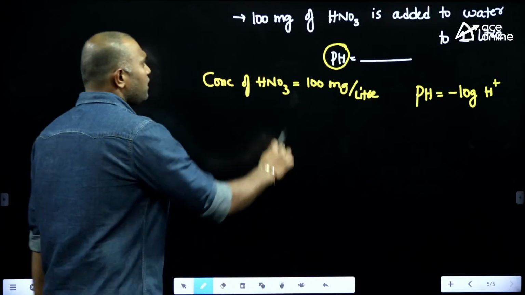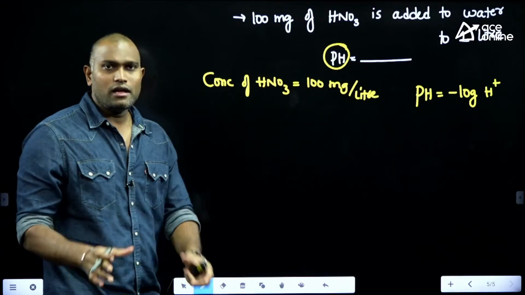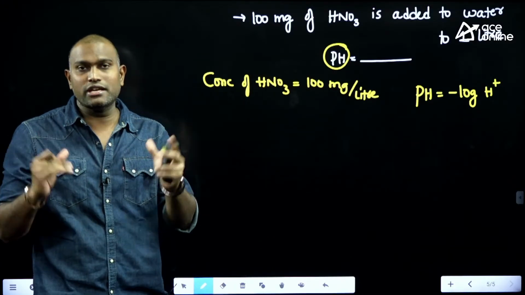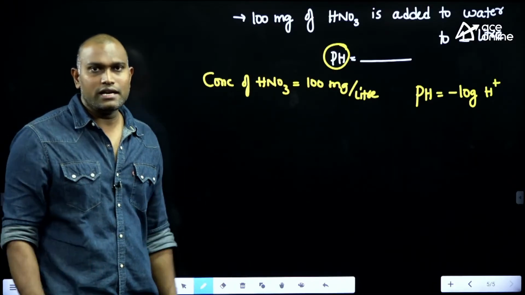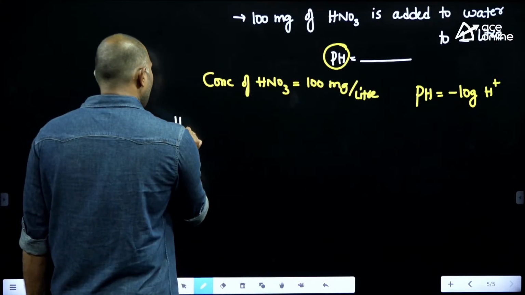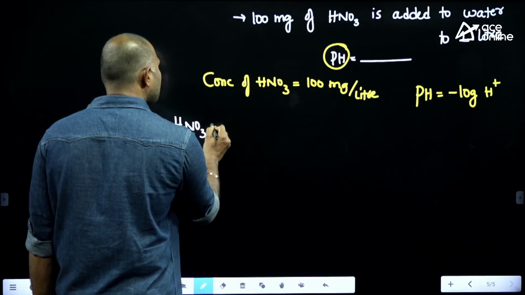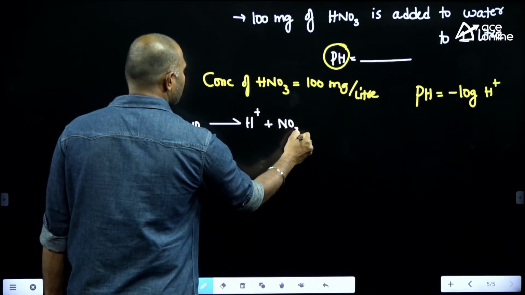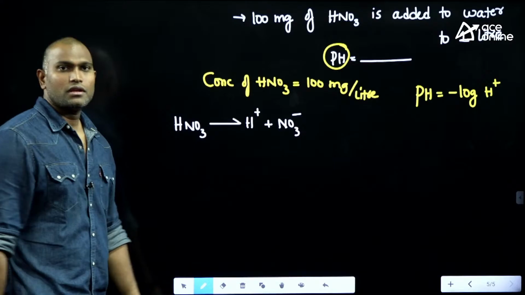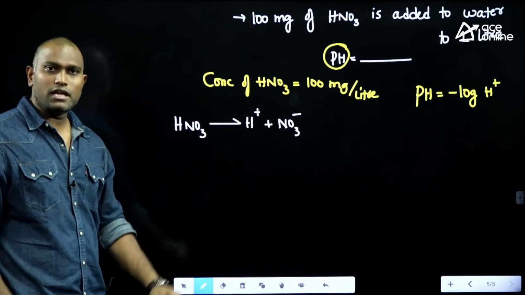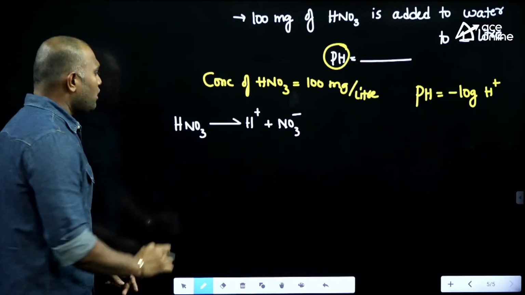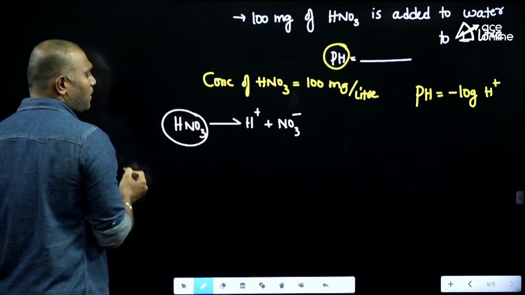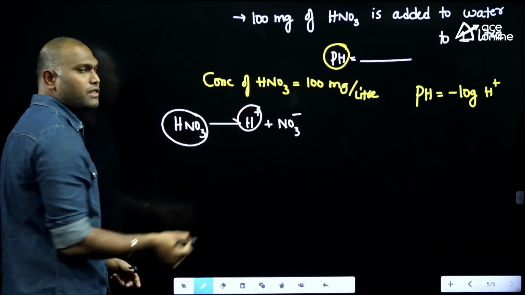When you add HNO3 to the water, the HNO3 will dissociate. So HNO3 will dissociate to H plus plus NO3 minus. Now this one part will give one part of the H plus.